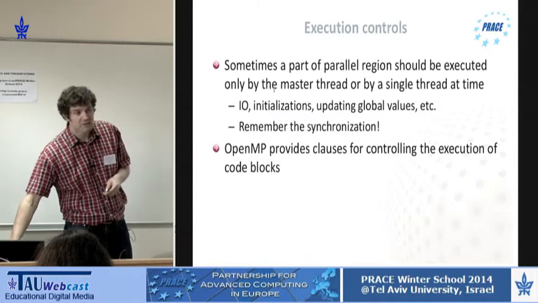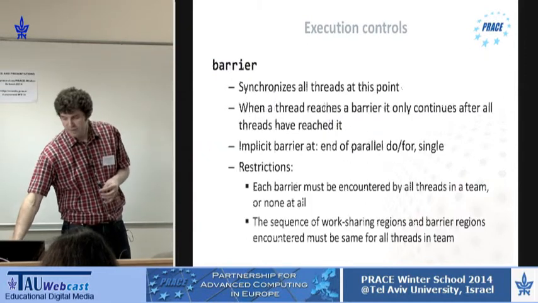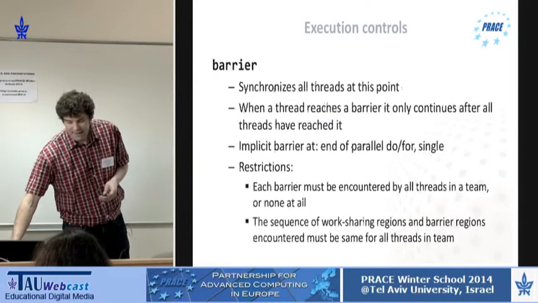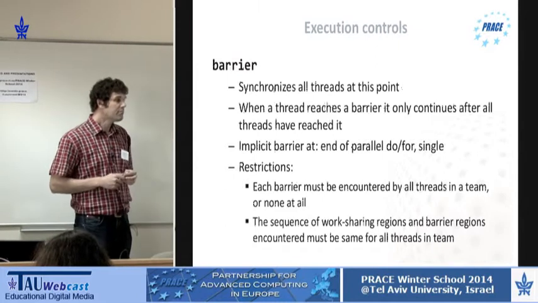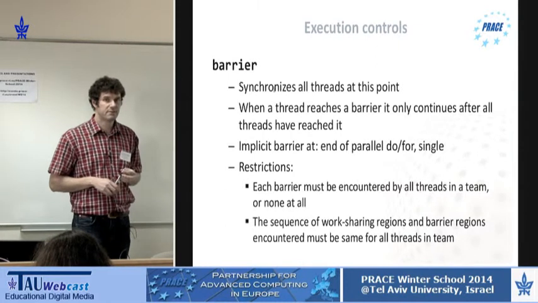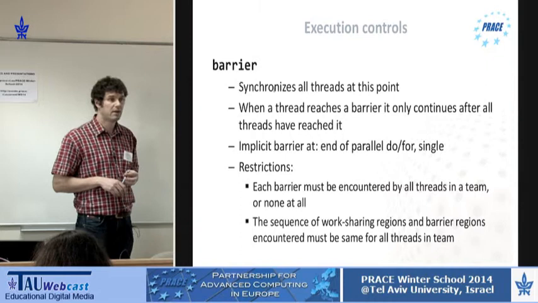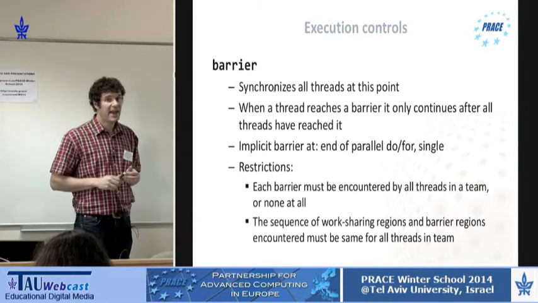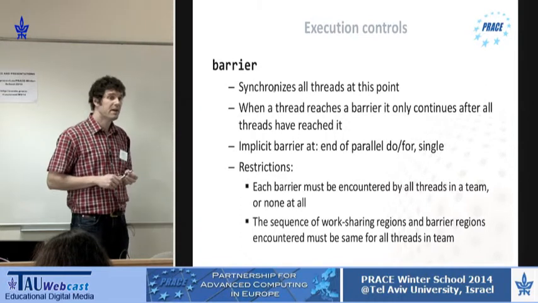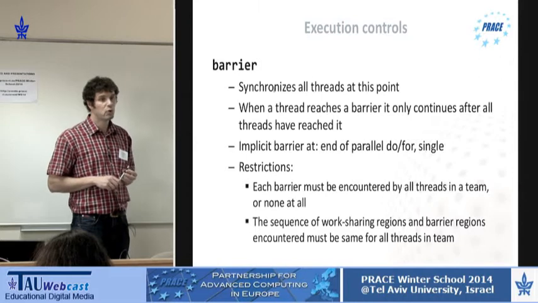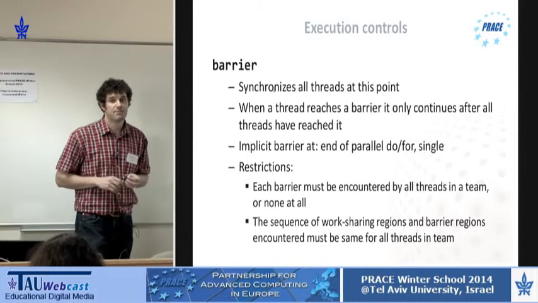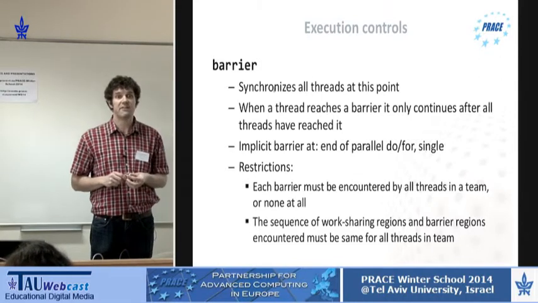And there are some clauses that OpenMP provides for controlling execution. Barrier is the most simple synchronization control. And just like in MPI, barrier means that the execution of the program continues only after all the processes have reached this point.